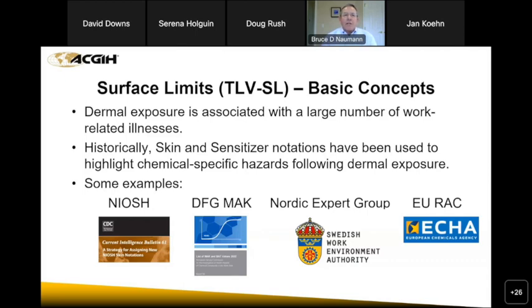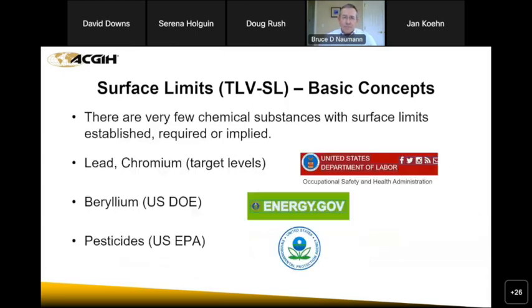A lot of the organizations listed here have made good use of the notations. In the U.S., lead and chromium have surface limit or certain wipe sampling requirements. DOE has a number for beryllium, and EPA, as part of the registration process, requires some sampling for pesticides. So you can probably count them on one hand, right?